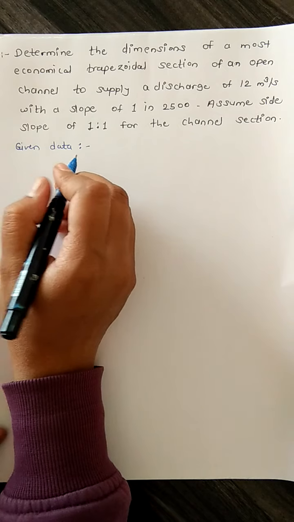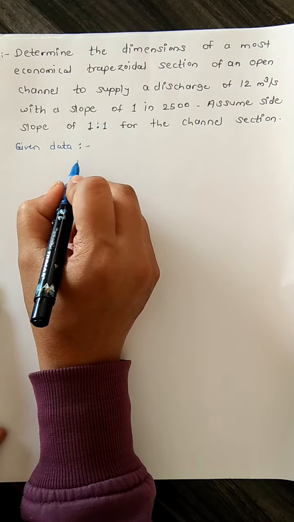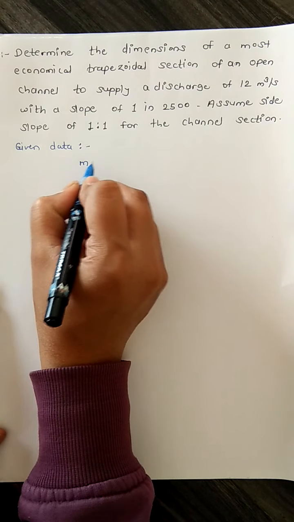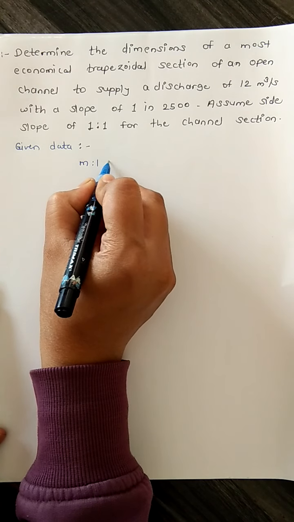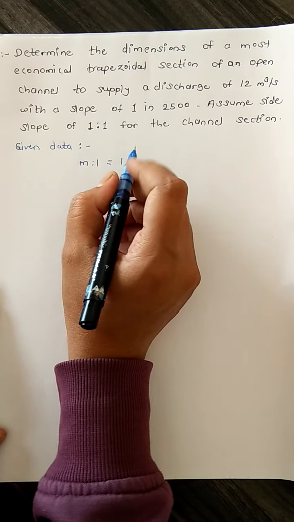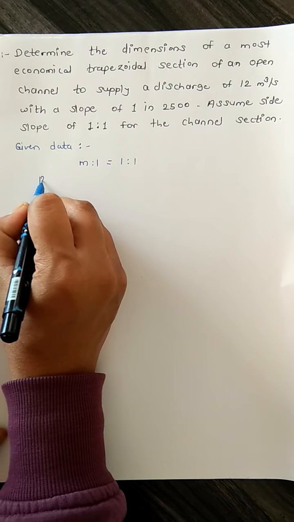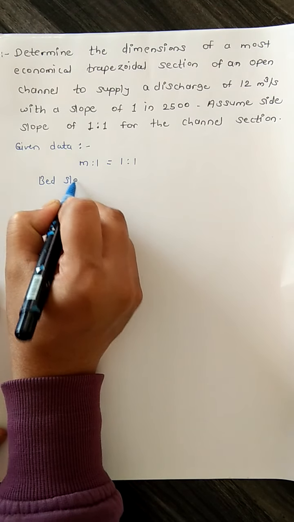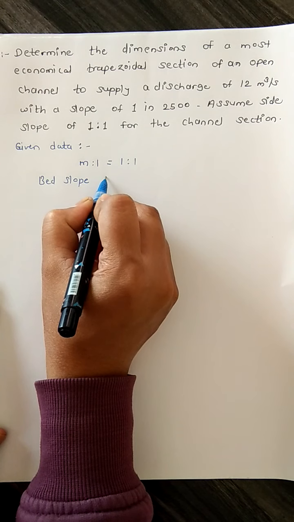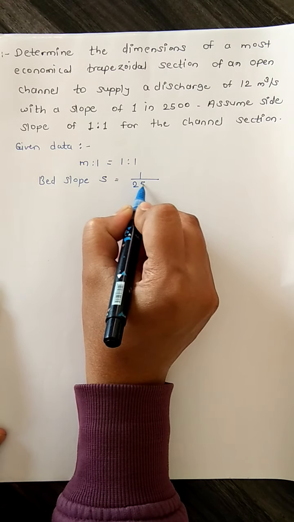In the problem statement, they are given the side slope, that is m/1, which is equal to 1:1. Bed slope is denoted by capital S. So we write here bed slope S is equal to 1:2500.